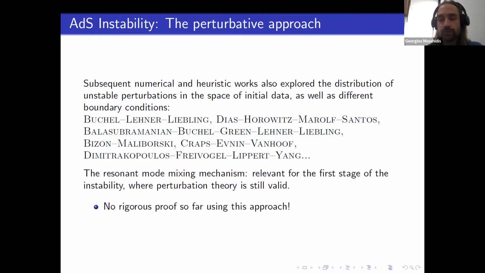However, if one wants to actually prove the AdS instability, going all the way up to the regime of trapped surface formation, then one has to do something else. One has to move away from the perturbative regime. And this is what I'm going to tell you in a few slides.